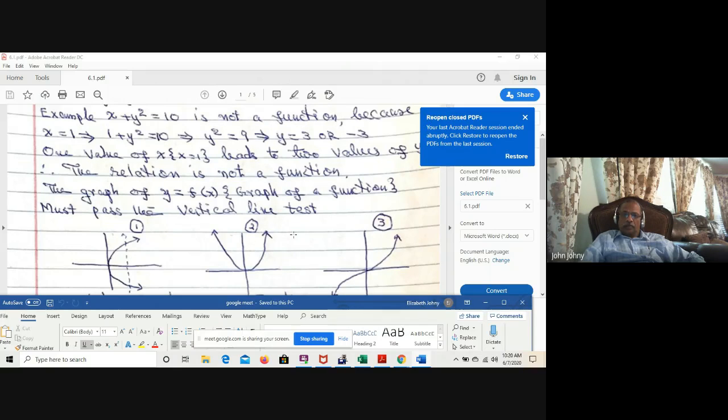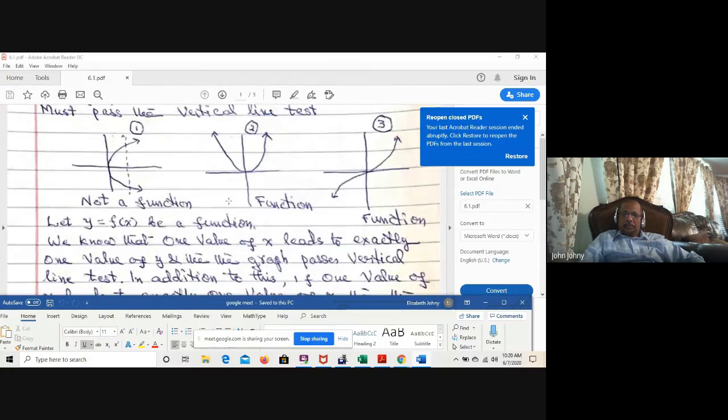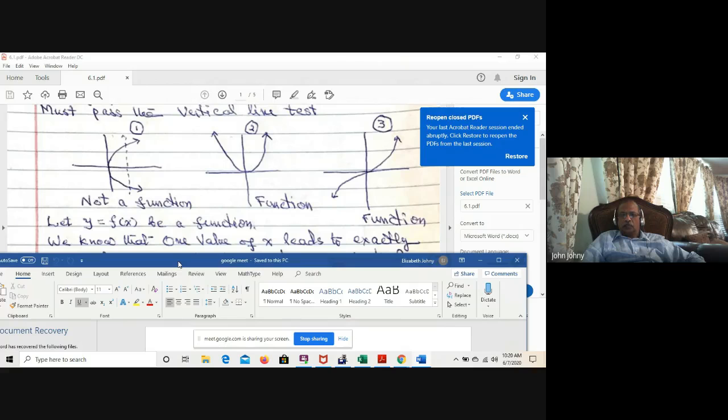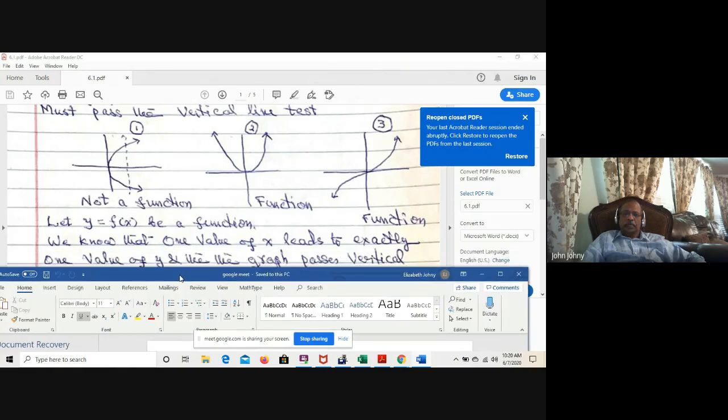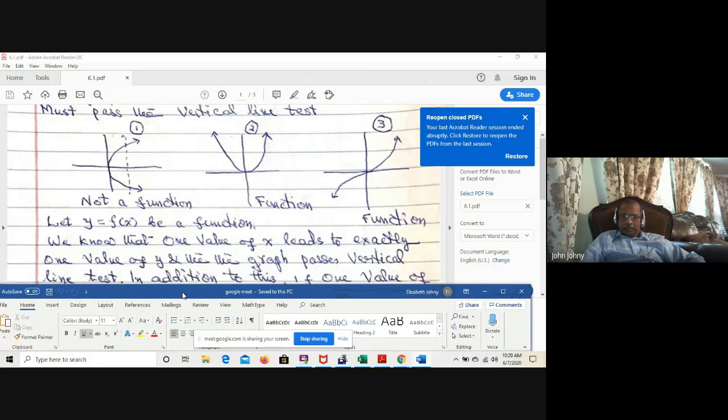And now we are coming to the one-to-one function. Let y is equal to f of x be a function. We know that one value of x leads to exactly one value of y, and the graph passes the vertical line test.